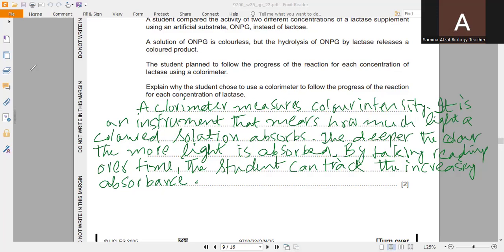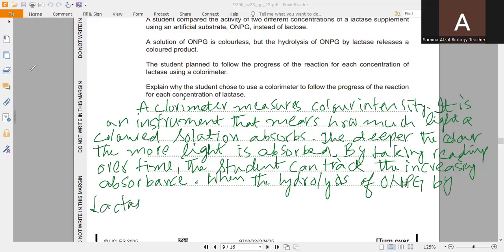And third point, we can write that due to a color change when the hydrolysis of ONPG by lactase releases a colored product.